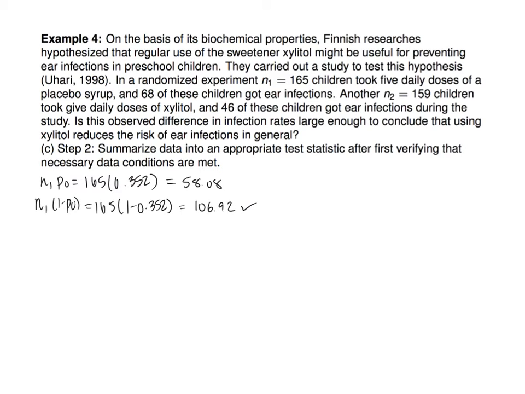The other group is quite similar in size, but anyway, n2 times p naught: 159 times the same thing, 0.352, is 55.968. n2 times 1 minus p naught: 159 times 1 minus 0.352, is 103.032.